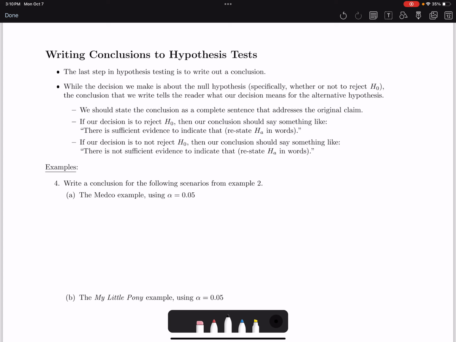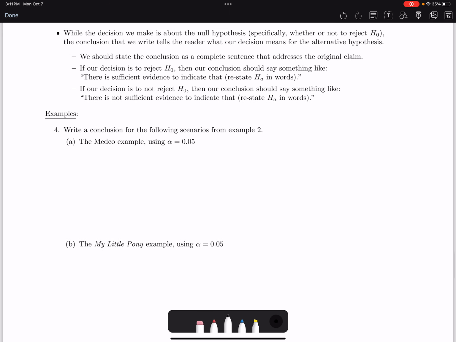So the conclusion should be stated as a complete sentence that addresses the original claim. And I would advise that the safest thing to do is to just follow a strict script on this. This is not a creative writing class, so you don't have to get creative. Just use the same setup every time.